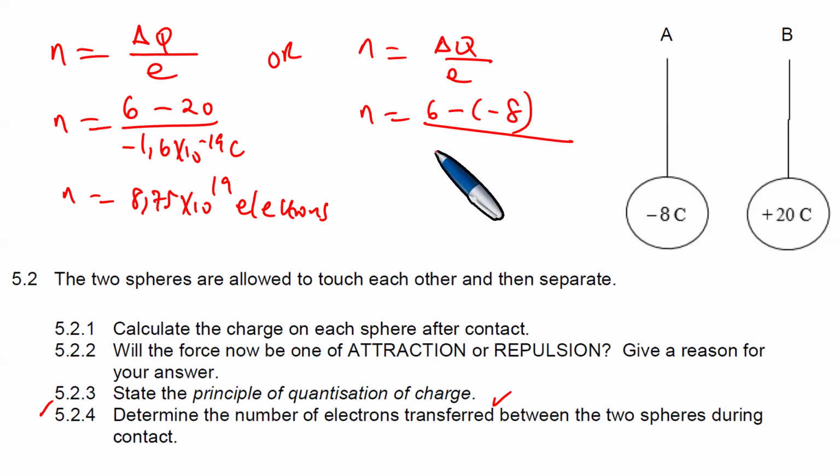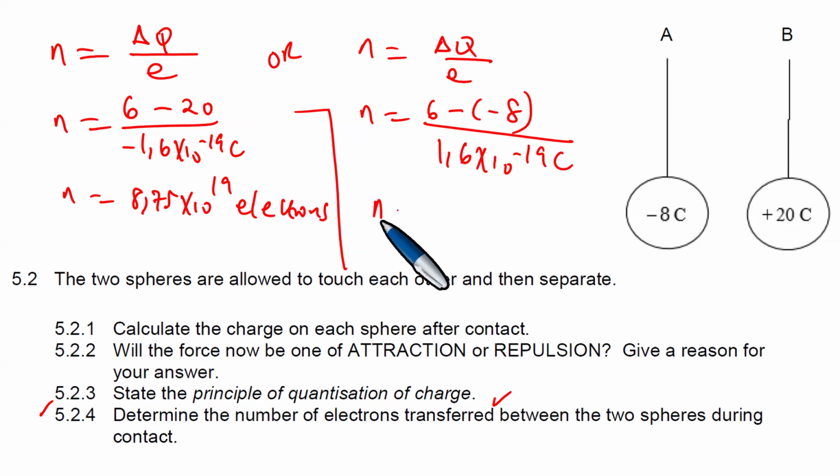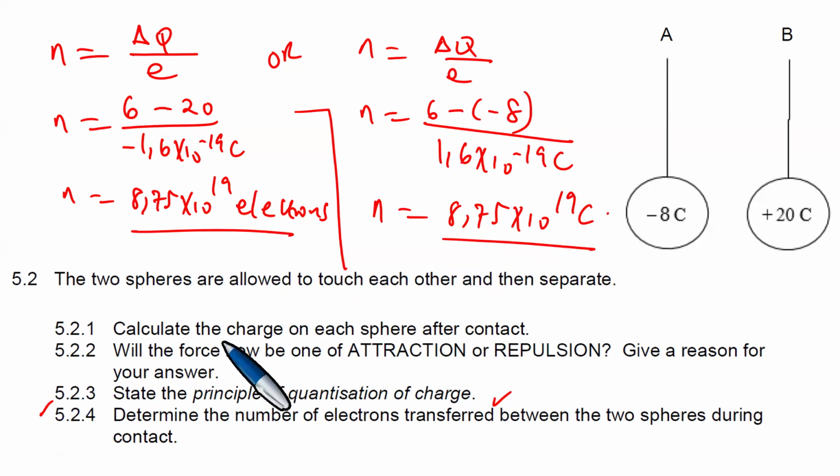Then you divide that by the charge, 1.6 times 10 to the minus 19 coulombs, and the N is going to be exactly the same thing, which is 8.75 times 10 to the power 19 electrons. So this will give us the number of electrons. Next point.